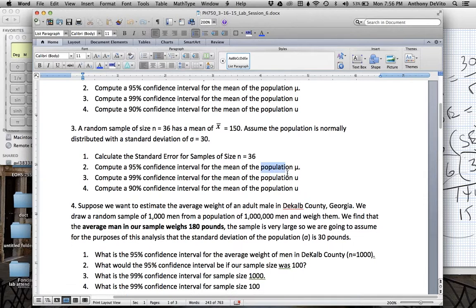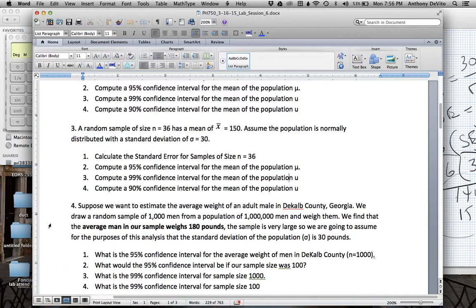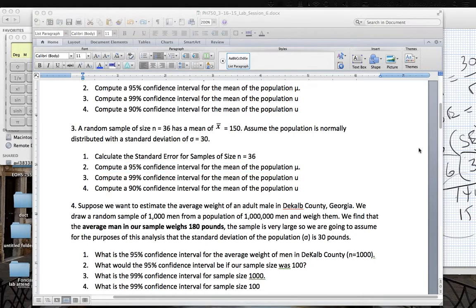Compute a 95% confidence interval for the mean. How are you guys doing at home?